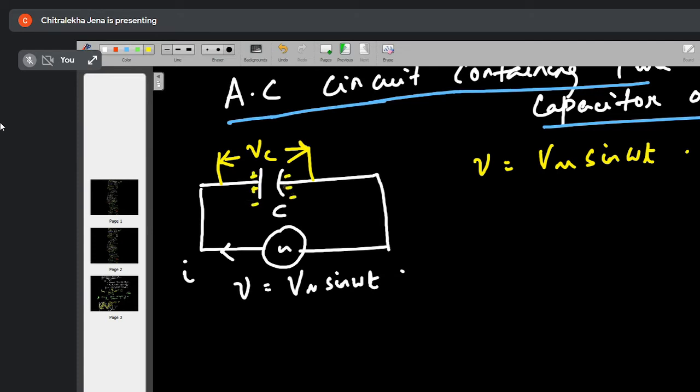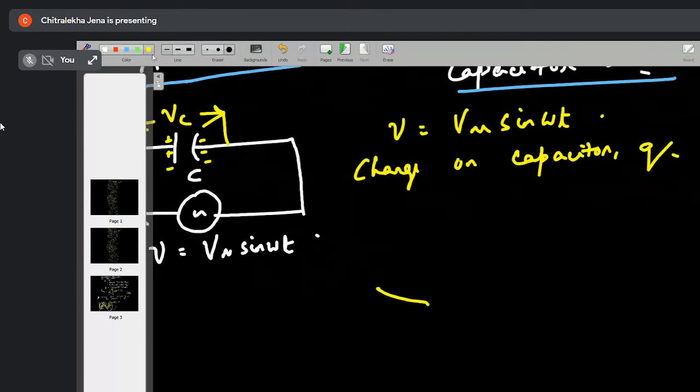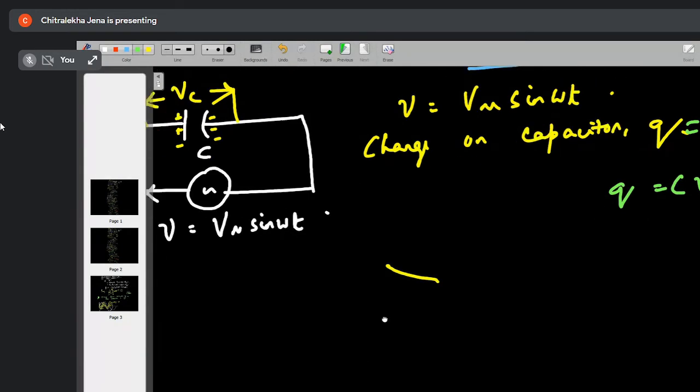So what will be the charge on the capacitor? Charge on capacitor, small q, will be equal to C into V, that is q is equal to C into Vm sine omega t, right? Clear to all of you, or any doubt?